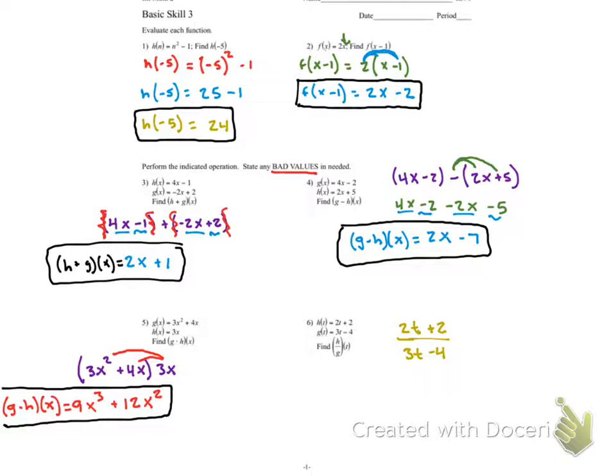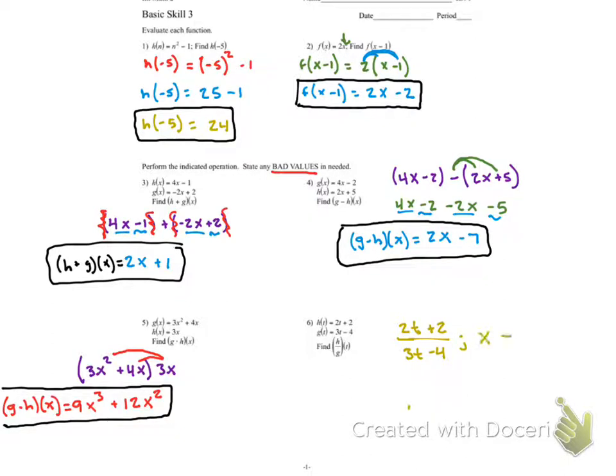Remember that for this one, we had to state the bad values. We can't simplify any further than this, unless these two are exactly the same, then you can divide it out to 1. But for now, we don't have the skills that we need. This is way further down the road for you guys in math. So we're going to leave the answer like this, except we're going to state what the bad value is.